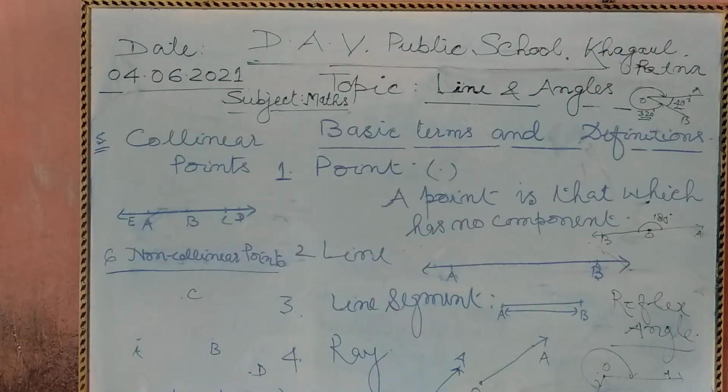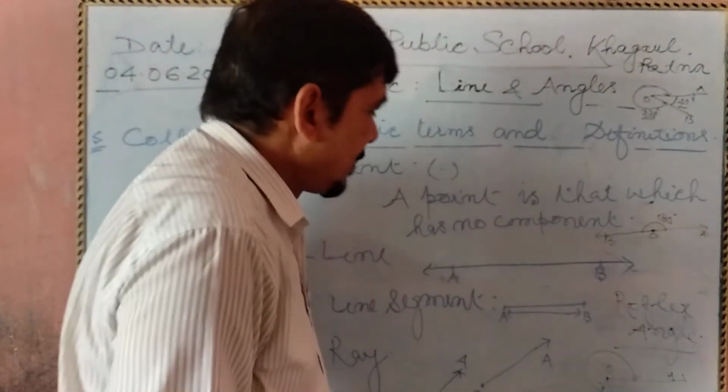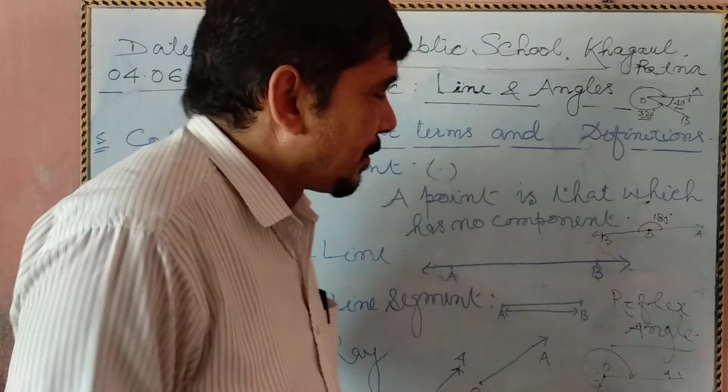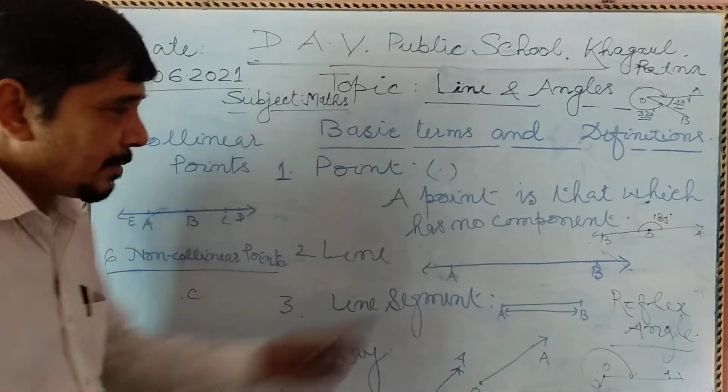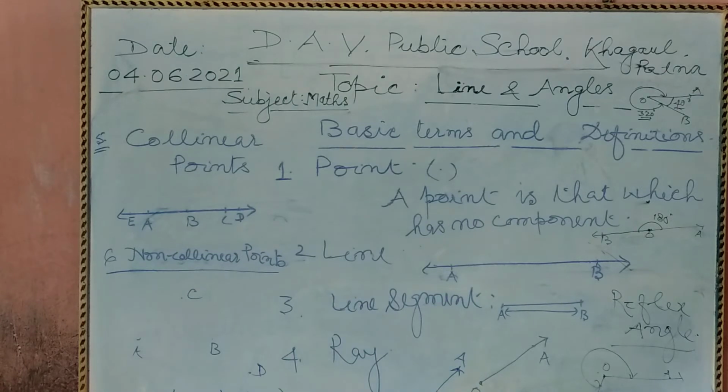What are the properties of a line? A line can be extended infinitely on both sides, and it has no endpoints. That is the symbol of a line. You can represent a line like this, making a straight line and putting arrows on both ends. So AB is the shape of a line. Okay, it has no endpoints. It can be extended infinitely on both sides.